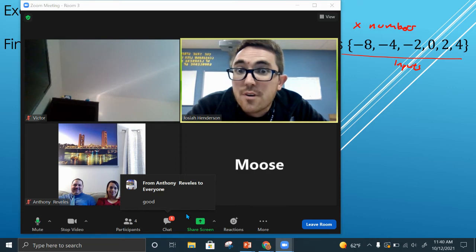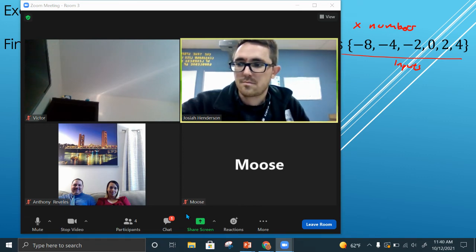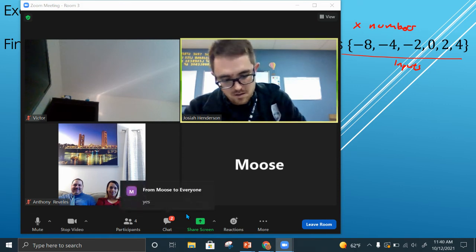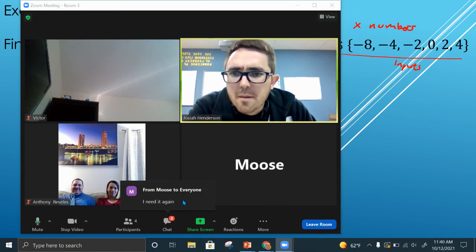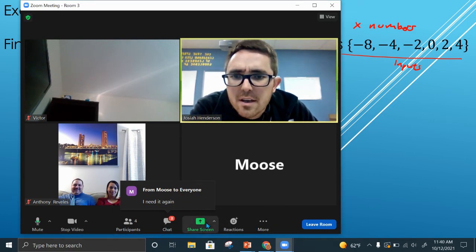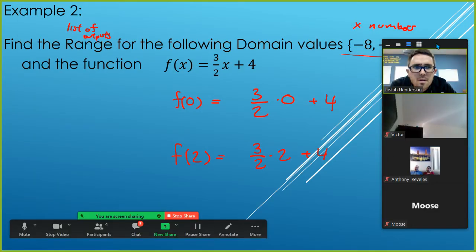Does anyone need to see the function in the domains again? Okay, Moose, thank you for telling me. So here it is. Just one sec. Here's the page.